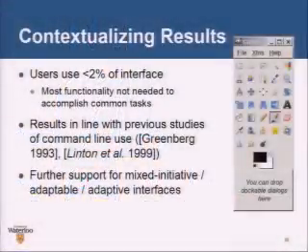All right, so to contextualize these results, our users are using less than 2% of the interface. So most of the functionality that's offered in the interface is not needed to accomplish their common tasks. These results are in line with previous studies. Saul Greenberg did a lot of work in the late 80s and early 90s where he had very similar results.